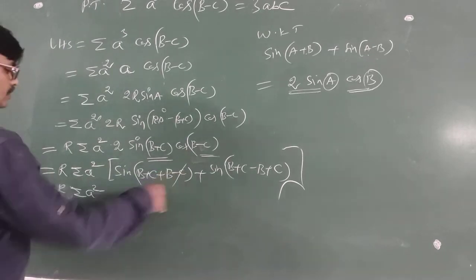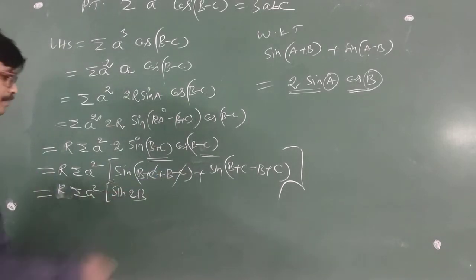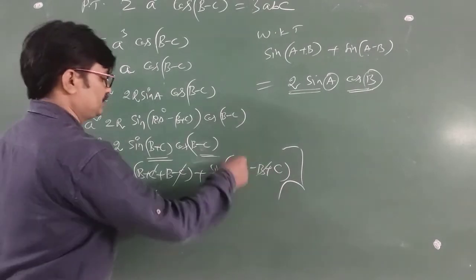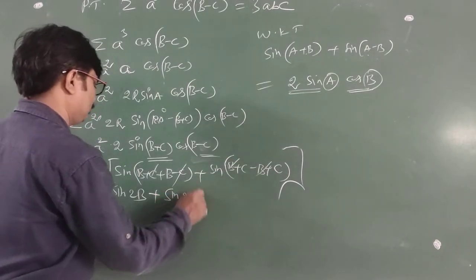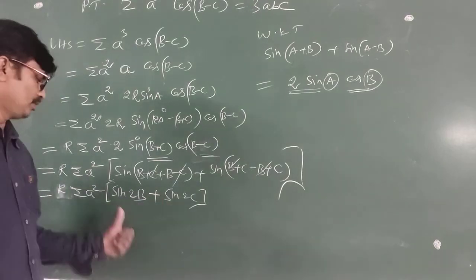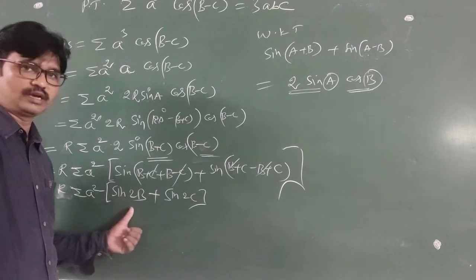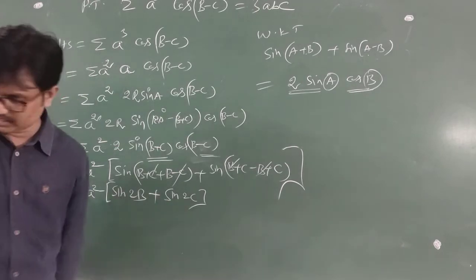Is it clear? C is cancelled. Now this can be written as sin 2B plus, here B is cancelled, then sin 2C. We have to know that sin 2B plus sin 2C, from sin 2A is 2 sin A cos A, this is 2 sin B cos B, this is 2 sin C cos C.